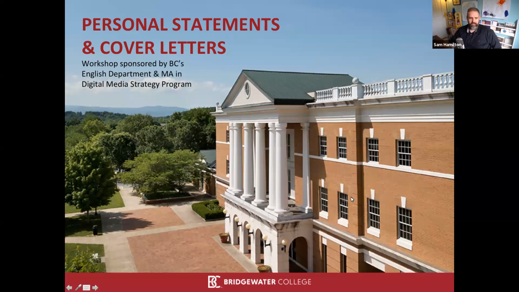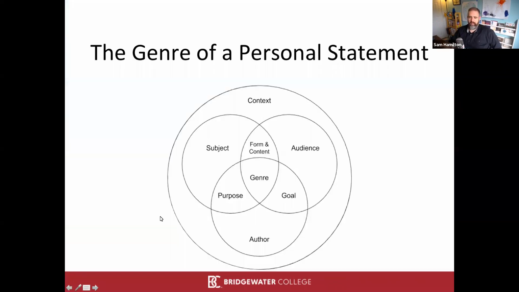So, all right, moving on. The way that I talk about most pieces of writing, and how somebody ought to work through figuring out how to write that piece of writing, is using this diagram that's up on your screen right now. Hi, Jay. The purpose of the diagram is to figure out how to write a particular genre.